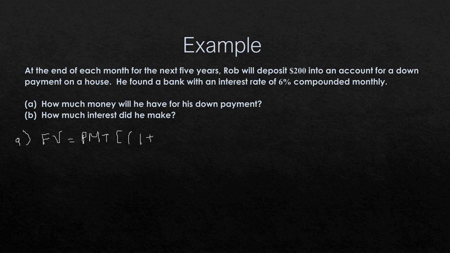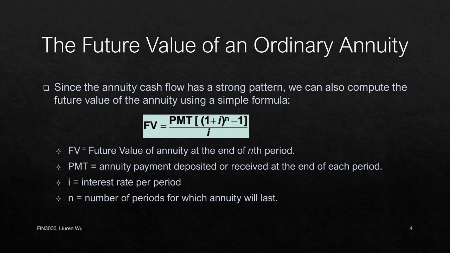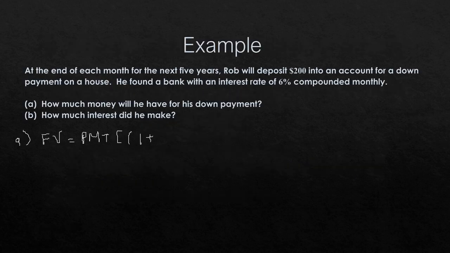It's 1 plus I to the power of n. So by no means am I expecting you to memorize this because I don't even have it memorized. 1 plus I to the power of n minus 1 over I, okay. So this is the formula I'm working with.